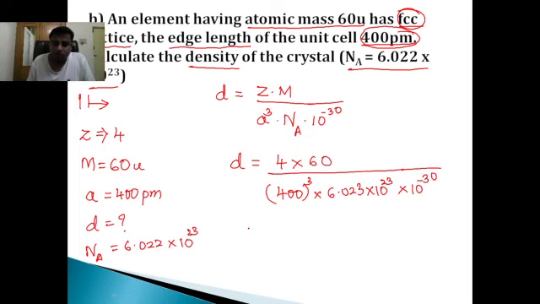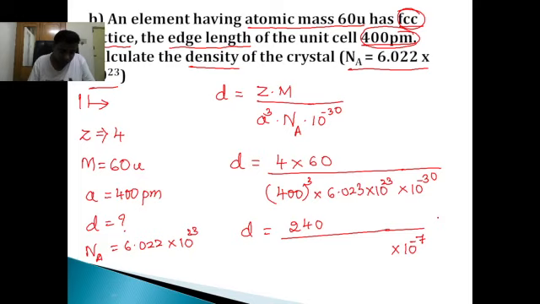Let's solve this. 4 into 60 is 240, divided by 10 to the power of 23 into 10 to the power of minus 30, which is 10 to the power of minus 7. Now 400 the whole cube, please be careful, into 6.022. Let us make it accurate.